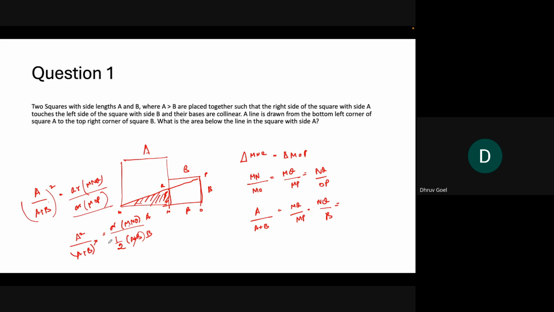I need to find this. So the area comes out to be half multiplied by A square B upon A plus B. That will be the answer for this question. I hope this is clear to everyone.